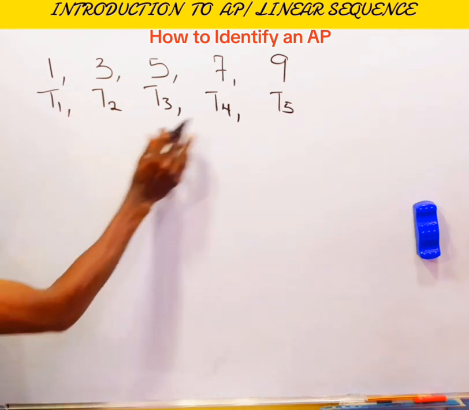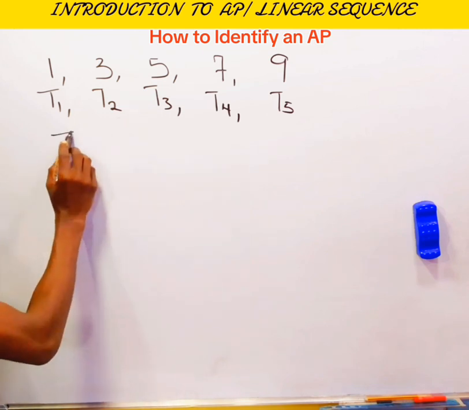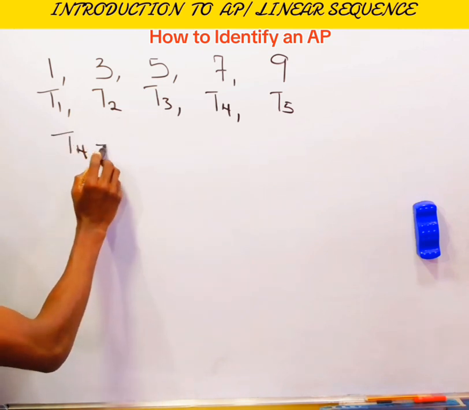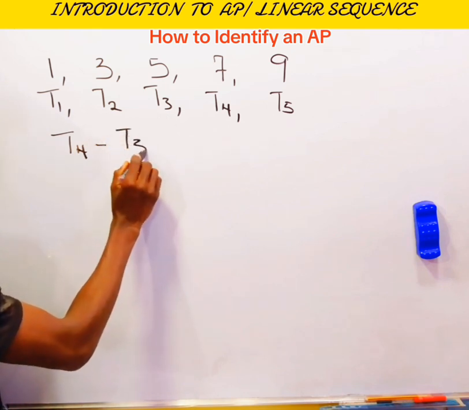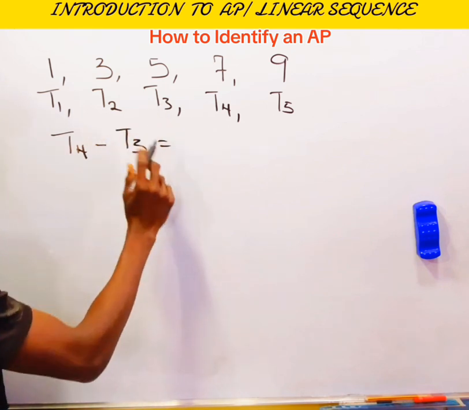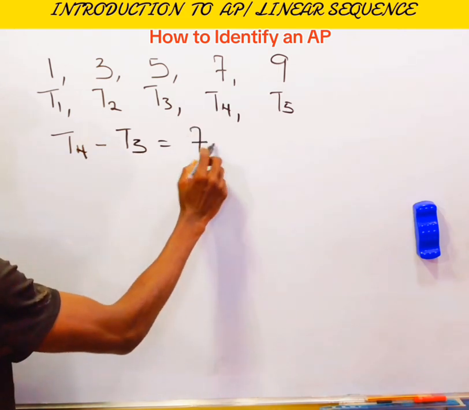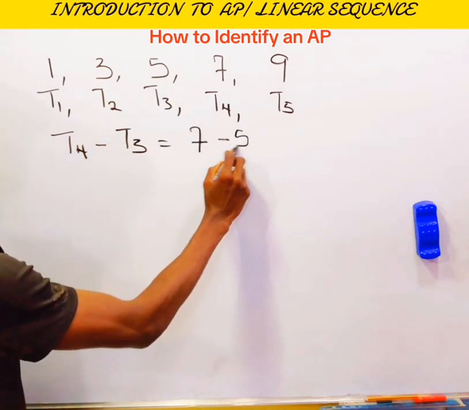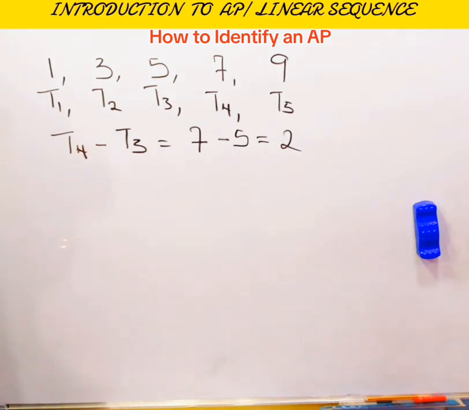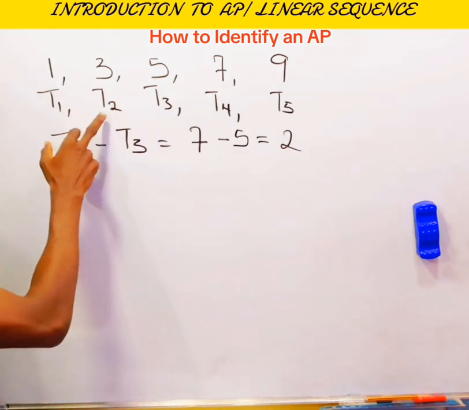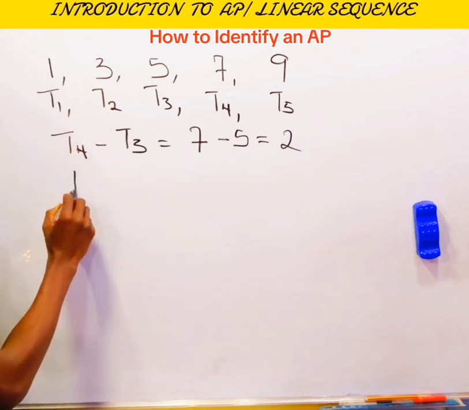For instance, let's make use of T4 by saying T4 minus the immediate preceding term, which is T3. T4 is 7 minus T3, which is 5, and the result is 2. Now let's also pick T2 and T1.